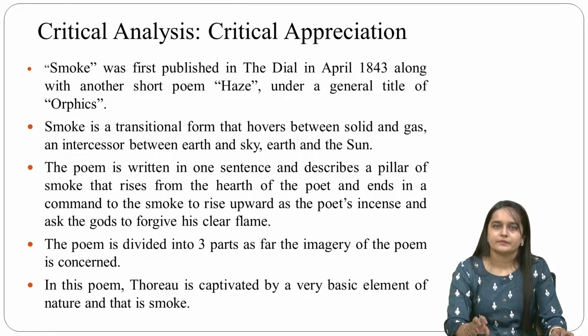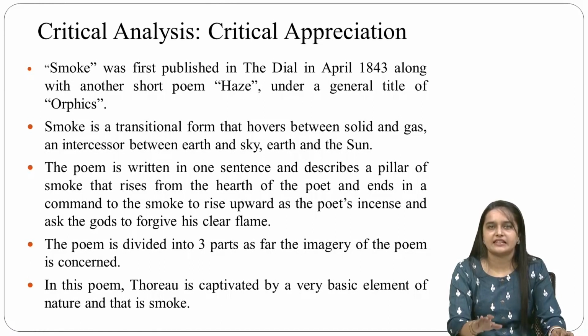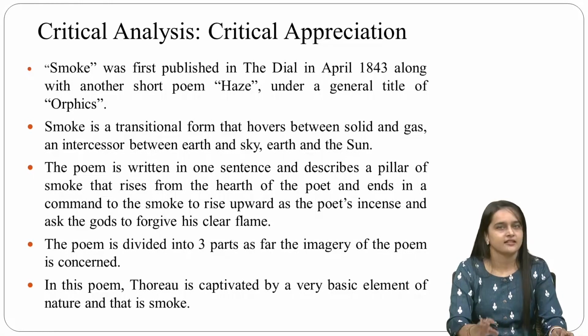In this poem, Thoreau is captivated by a very basic element of nature, and that is smoke. Here we see Thoreau, the naturalist, in lines 1 to 4, where the image of an upward flight of a bird is created.